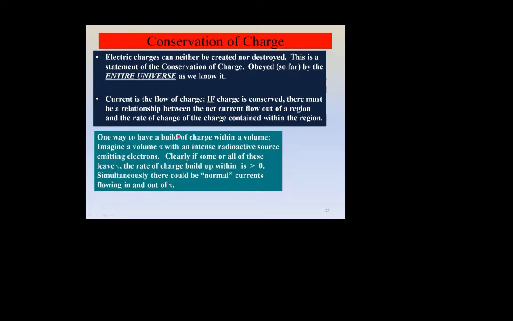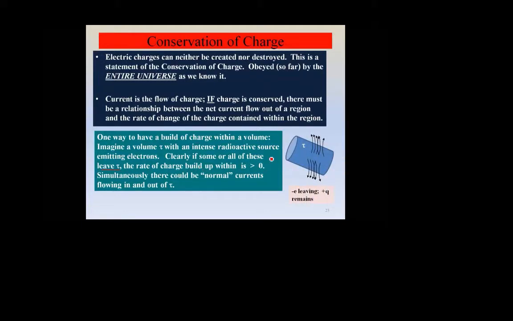So one way to have a buildup of charge within a volume is to imagine a volume tau with an intense radioactive source that is emitting electrons. Let's imagine that if some of these or all of these electrons were to leave this volume, then the rate of charge buildup within is greater than 0. Simultaneously, there could be normal currents flowing in and out of tau.